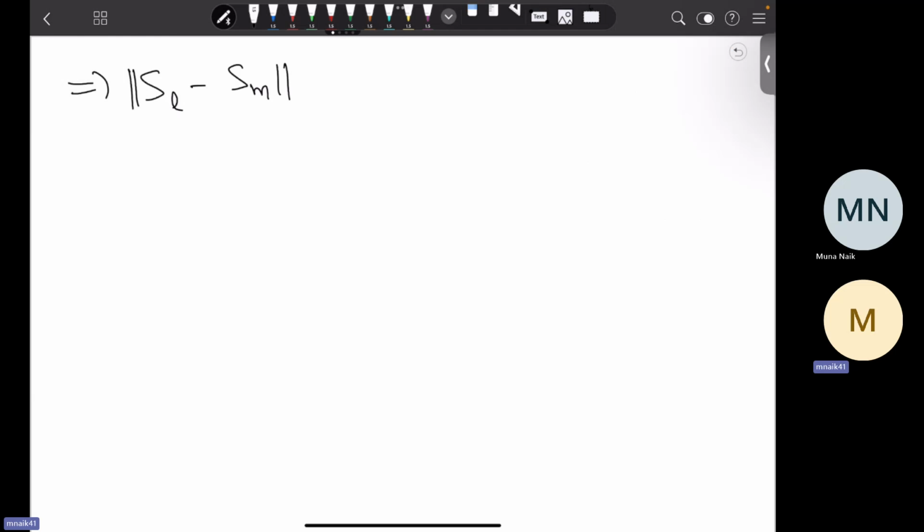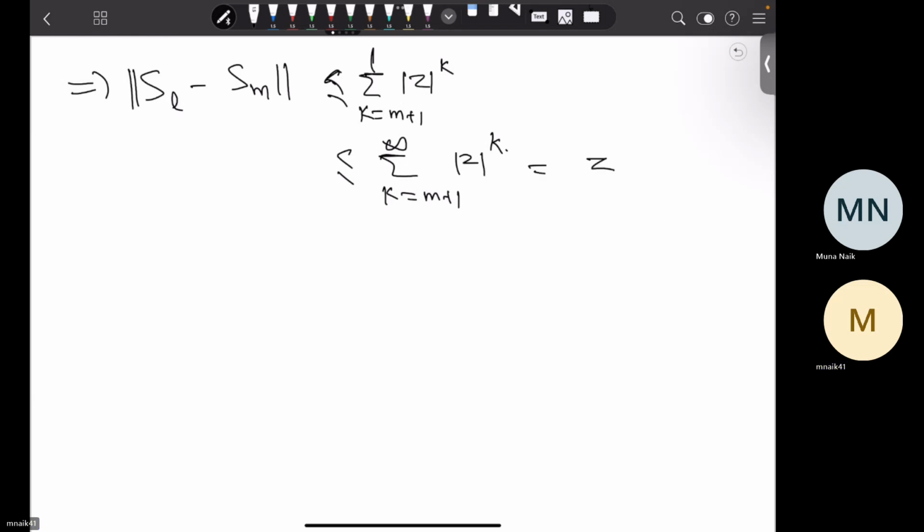This is nothing but the norm of Z to the power m plus 1 divided by 1 minus the norm of Z.